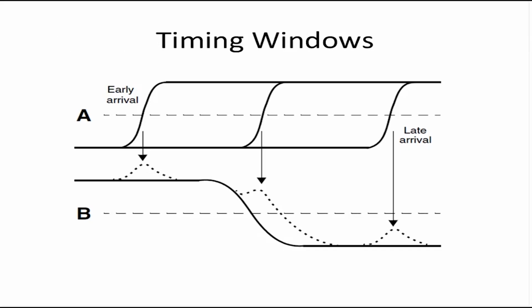So this is the timing window information. Now see, here in this case the victim net is static. So this is a noise case. Any switching at early arrival will only cause noise. It will not cause crosstalk delay.